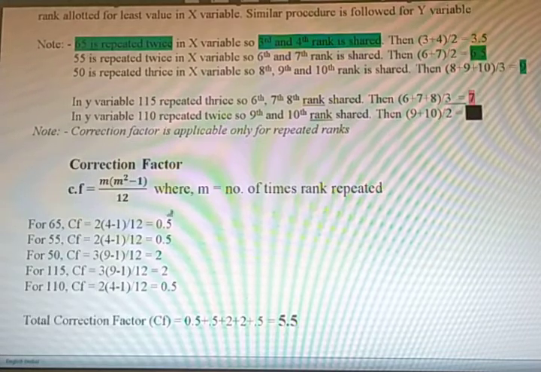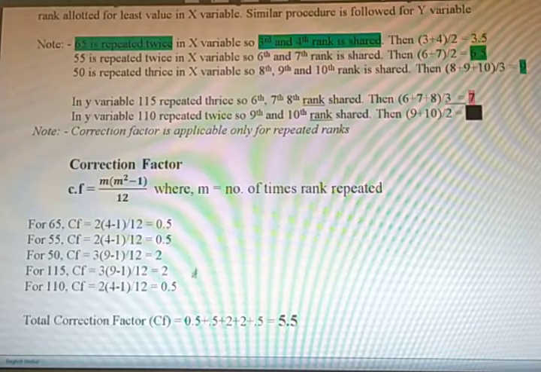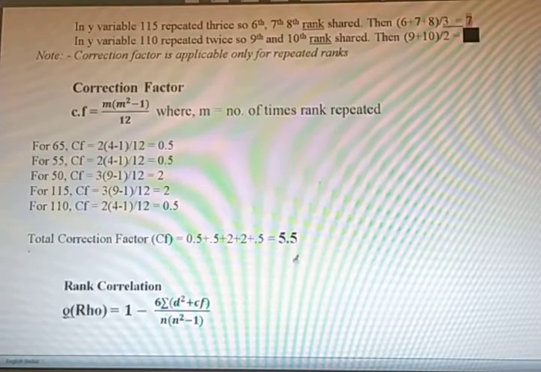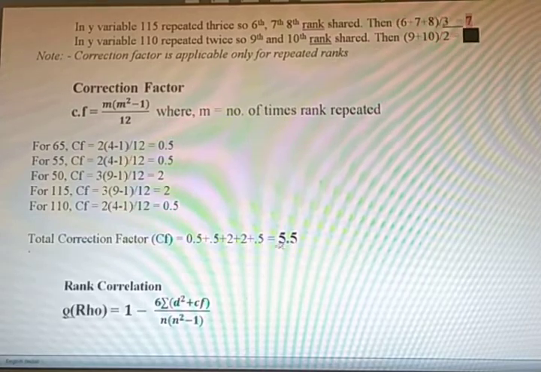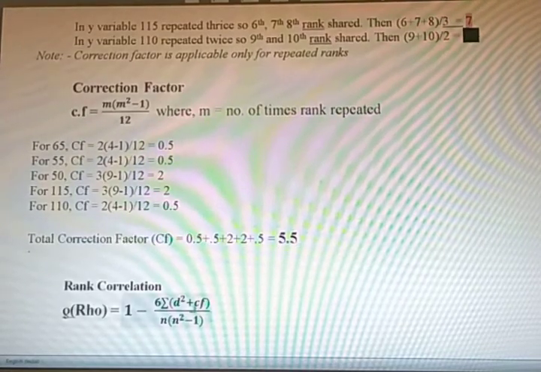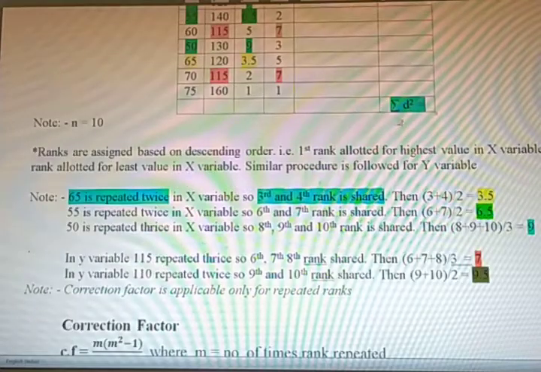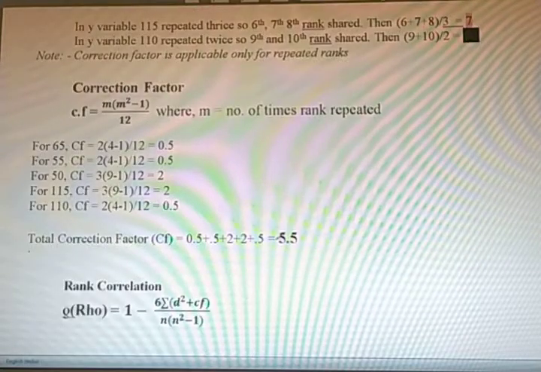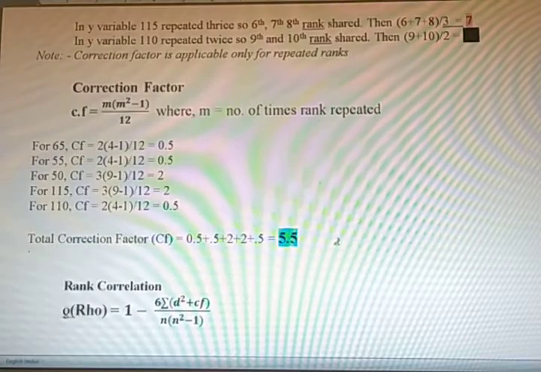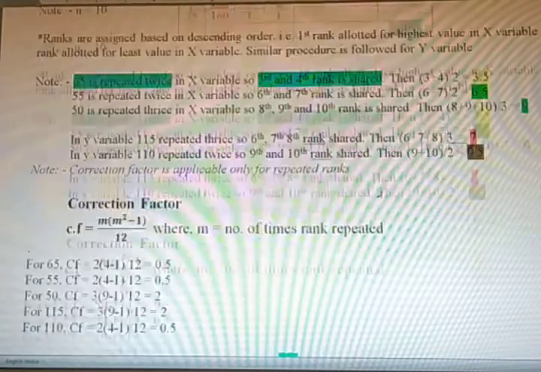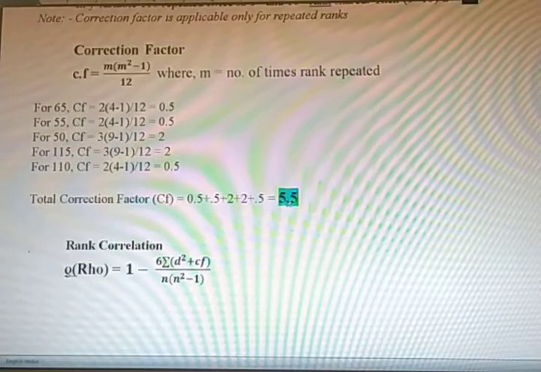After adding all the correction factors, the total will come to 5.5. Add this 5.5 to the summation D square value. Suppose the total is 100, then 5.5 needs to be added: 100 plus 5.5.